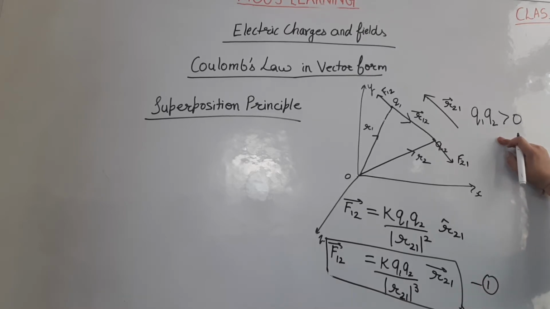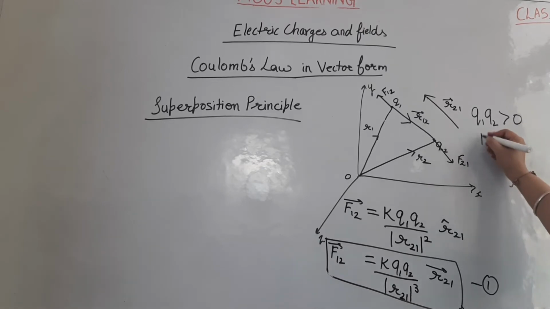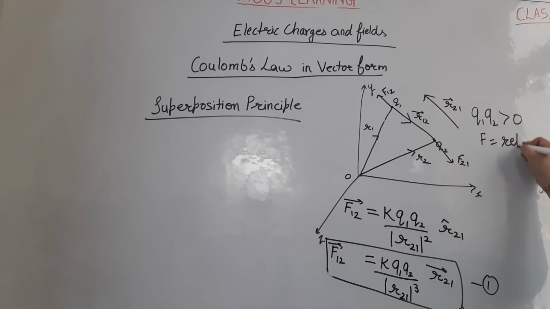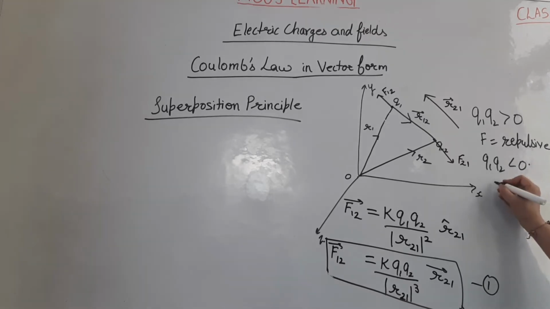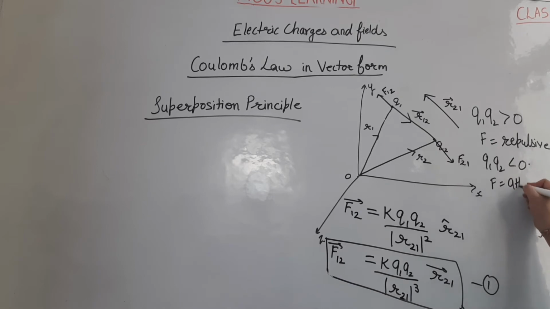Only then the product will come out greater than 0. So both charges are of the same sign, so the force will be repulsive. But if Q1 into Q2 is less than 0, that means one of them is negative and the other is positive, so the force will be attractive.